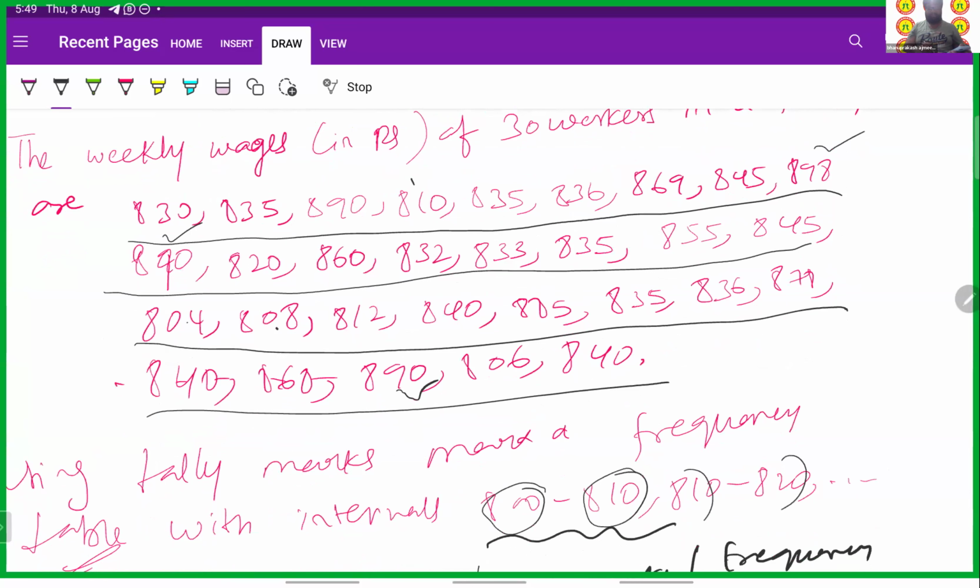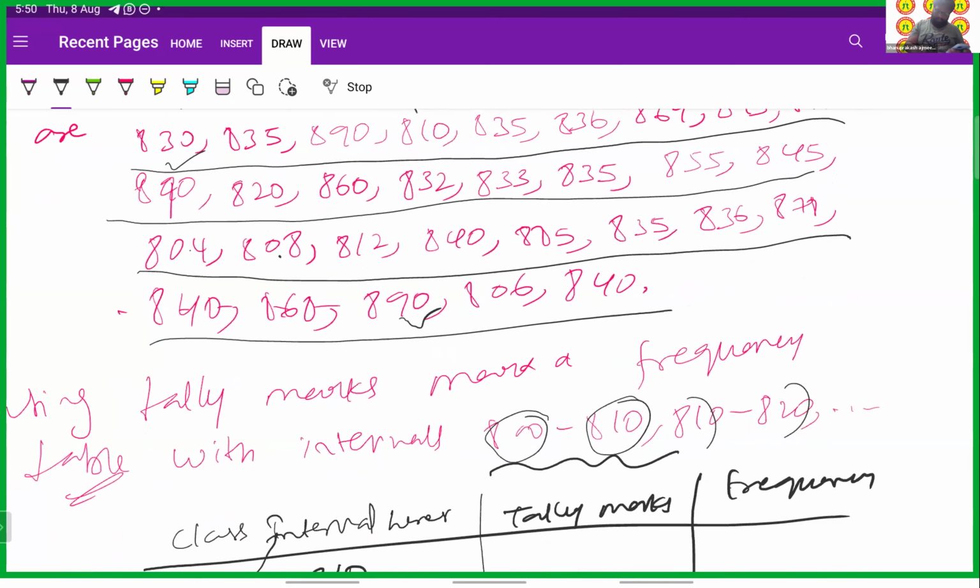If they don't mention exactly which interval a number belongs to, you can consider it in either one. It's your way of taking it. But considering 810 in the first will be the easy way.